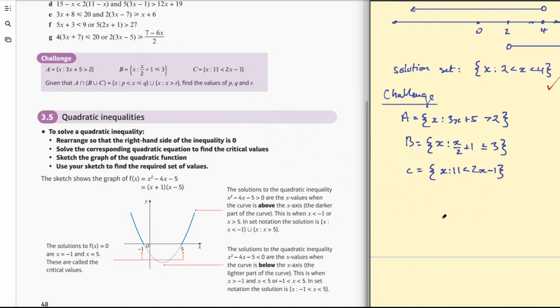Oh boy, they tell us that given that A intersect B union C is equal to x between P and Q union x greater than R, find the values of P, Q, and R.